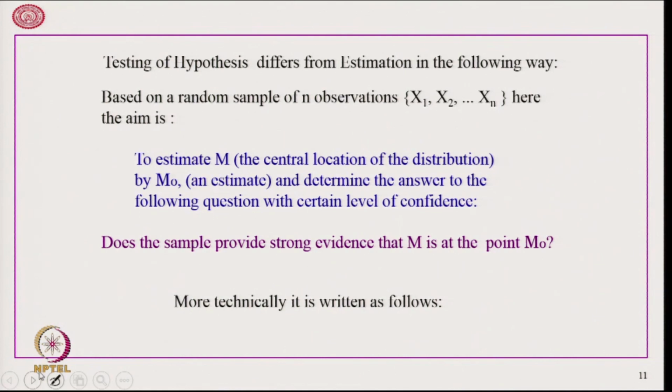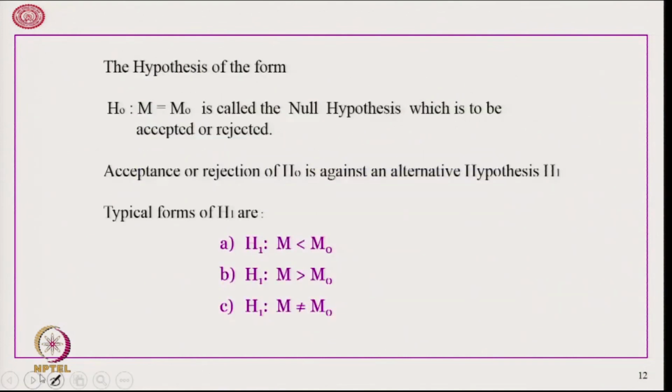More theoretically we shall write it as follows. This H naught is called the null hypothesis. As I have indicated, H naught is the notation for null hypothesis. So, the hypothesis that we want to test is whether m can be considered as the value m naught, and we are going to accept or reject this hypothesis vis-a-vis some alternative which can be of three types.